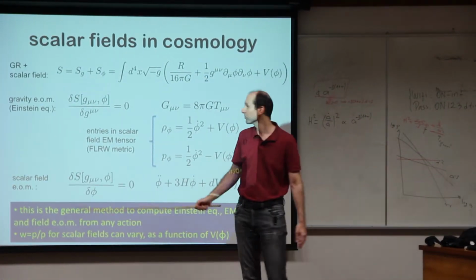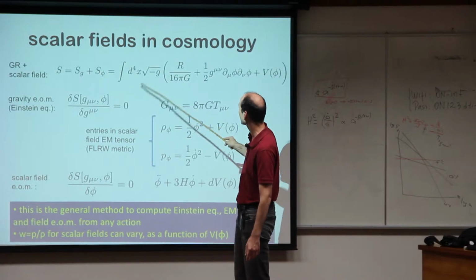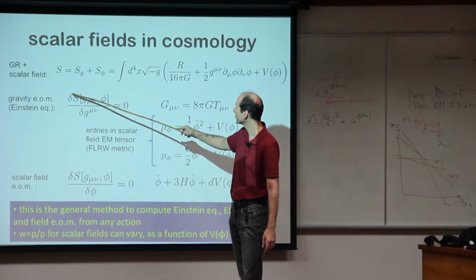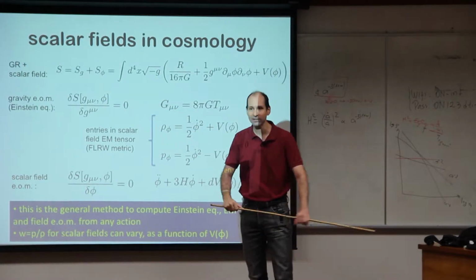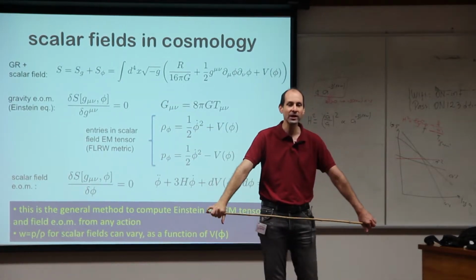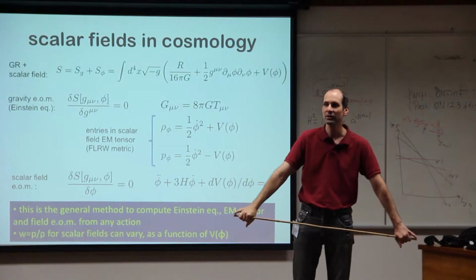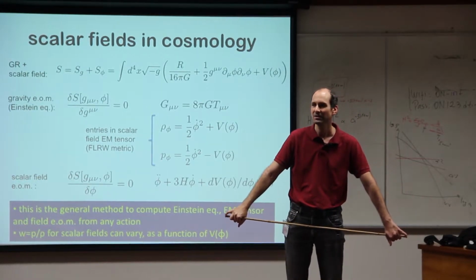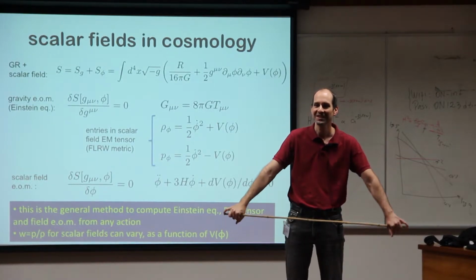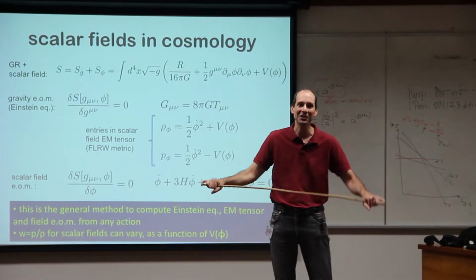Okay, and so if you want to have the gravitational equation of motion, you do the variation of the total action with respect to the metric. And what is the gravitational equation of motion? We already saw it. It's the Einstein field equation.